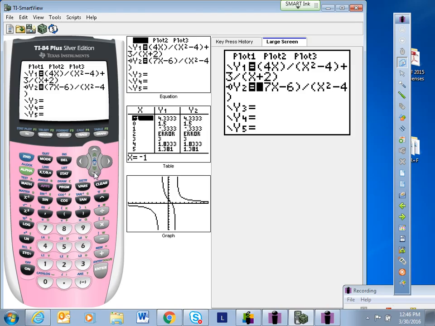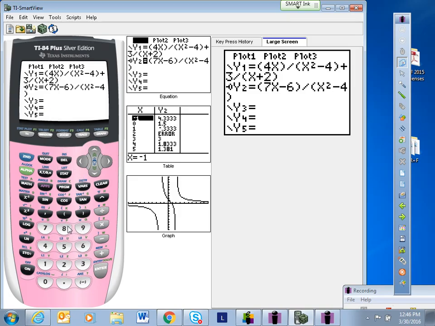Y'all put it in Y1 and Y2, because it's so much trouble. Can you see how much trouble it is for me to enter those equations? I don't have a fraction button, so I have to use like nine bazillion parentheses. So I'm going to put mine in 3 and 4. I've turned those two equations off.